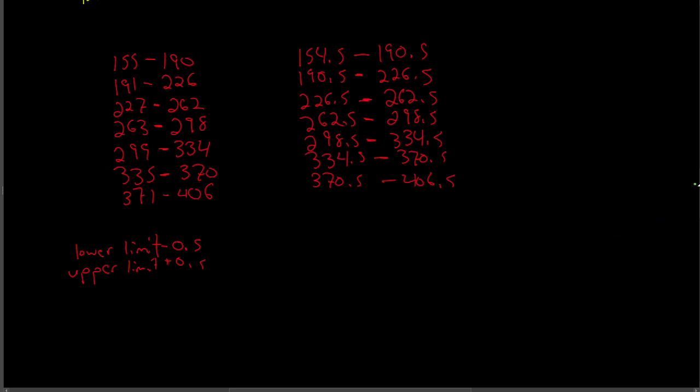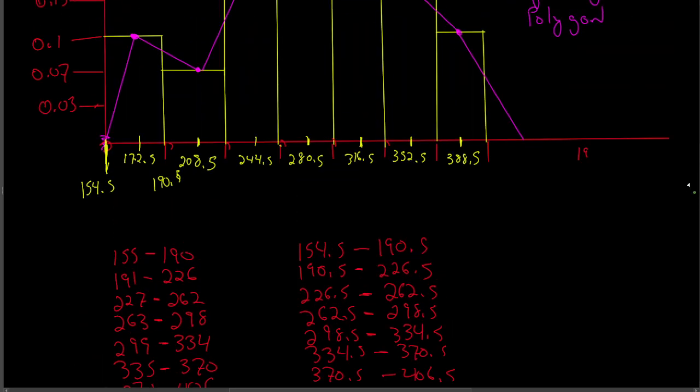And that lets us put the edges of the histogram together. And so I can replace my edge numbers here. So 190.5, 226.5, right? These are my edges here. 262.5, 298.5, 334.5, 370.5, and 406.5.